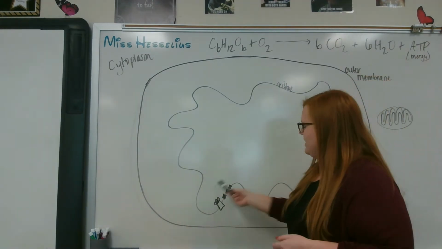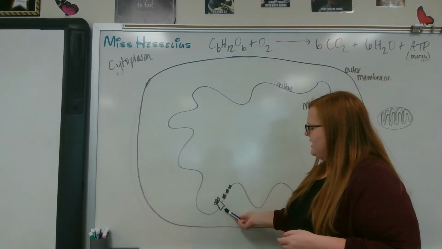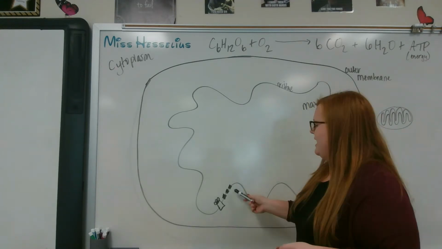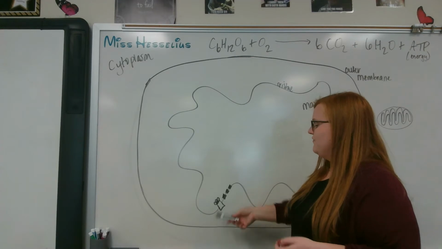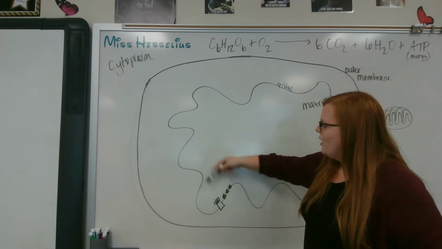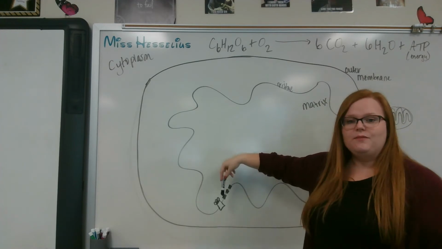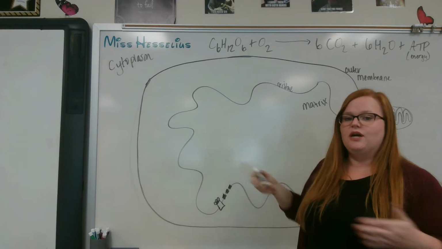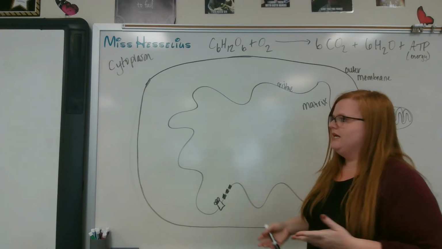So it happens right here. This is ATP synthase, and all three of these are proton pumps. This is the final reaction that actually makes ATP. It has to happen across a membrane because there's some passive transport and active transport involved that have to occur across a membrane.